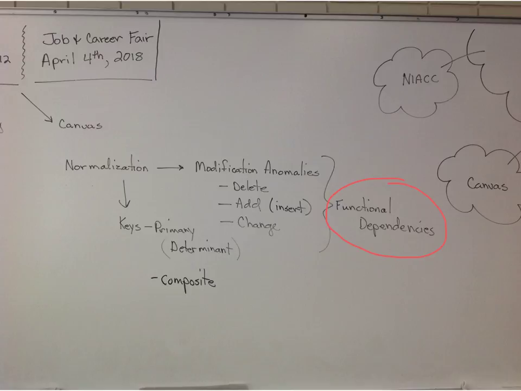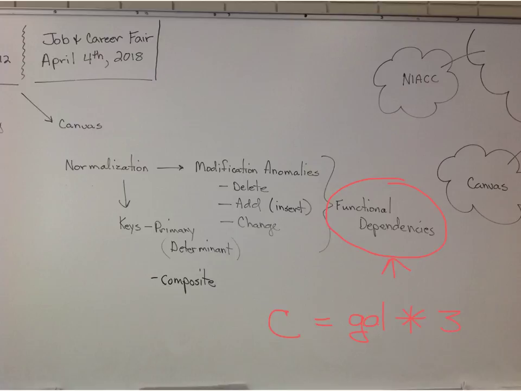Functional dependencies. How one thing depends on another. We used an example where if you want to find the cost of some milk, that would be equal to, let's just say, gallons of milk times, I don't know, $3.